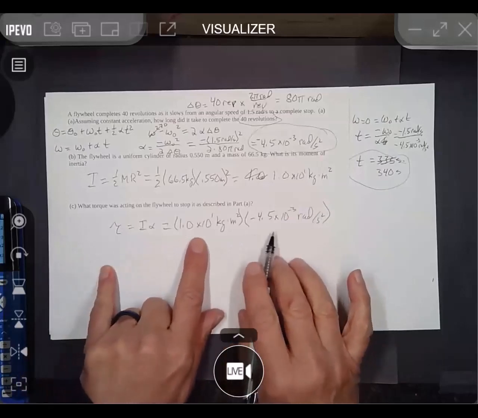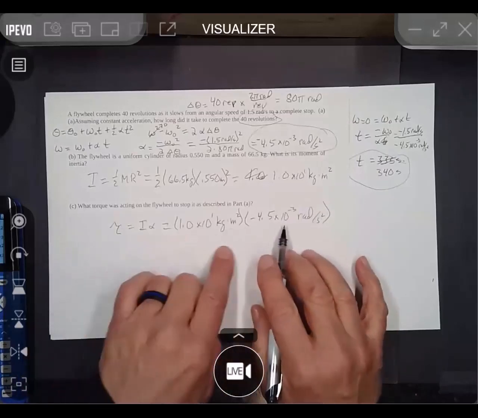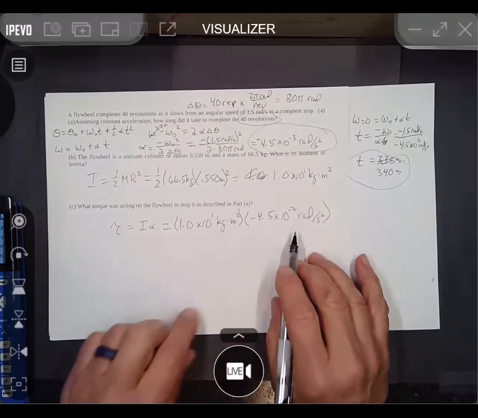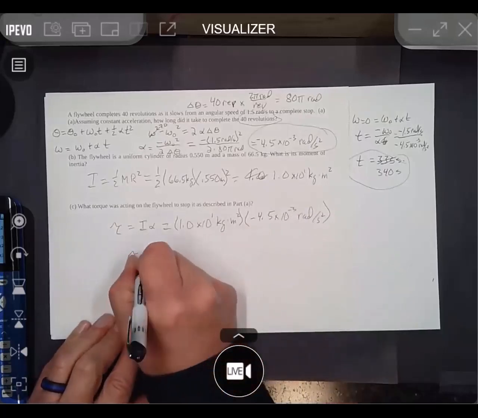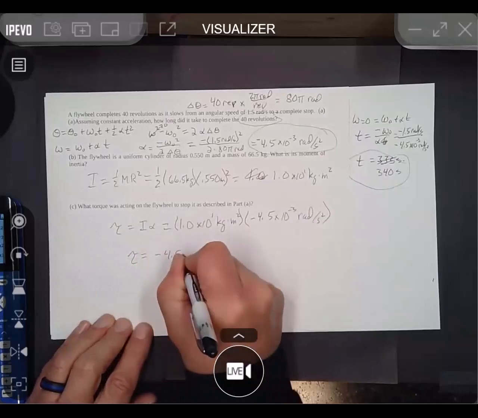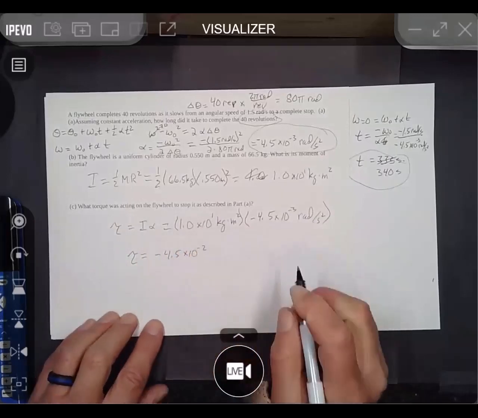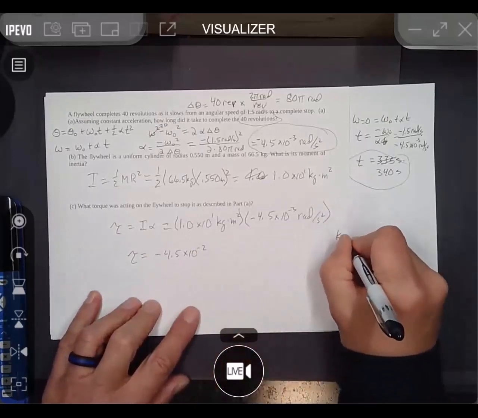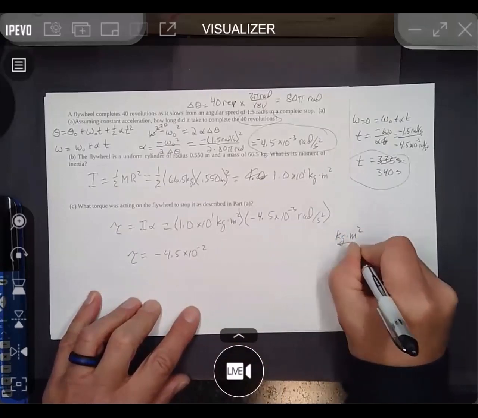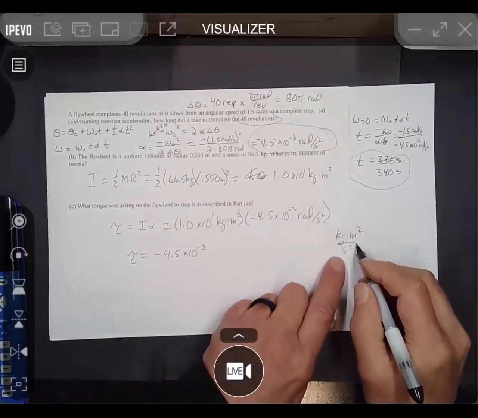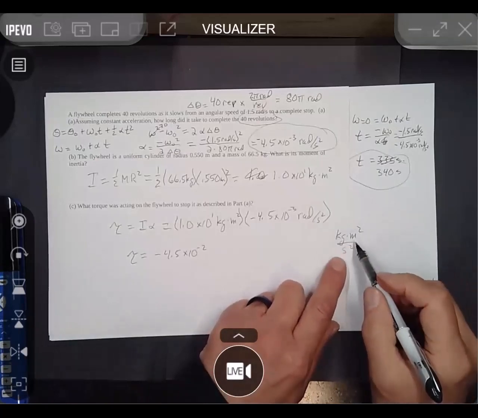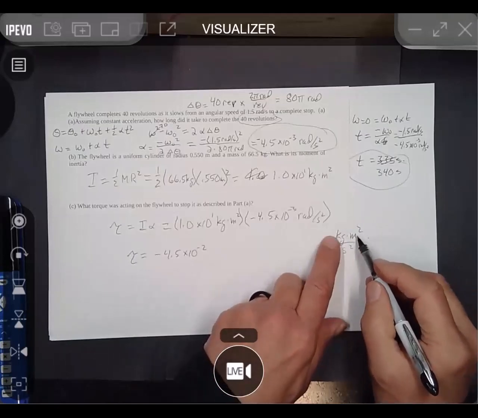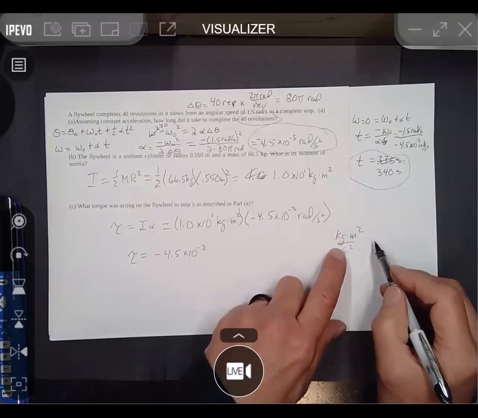However, when I multiply these things together, I'd get minus 4.5 times 10 to the minus 2. Unit-wise, we will have kilogram meter squared per second squared, which is a joule. But another way of expressing it, if I pull out one of these m's and stick it on the end, I'll have a kilogram meter per second squared, which is a Newton, times that meter.